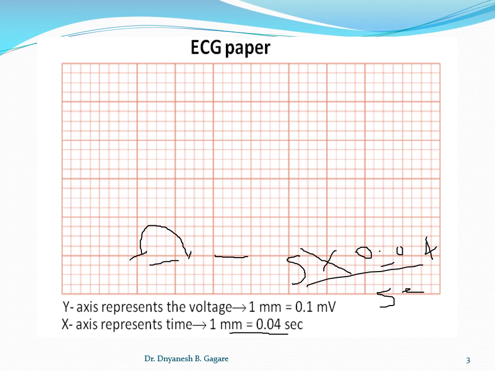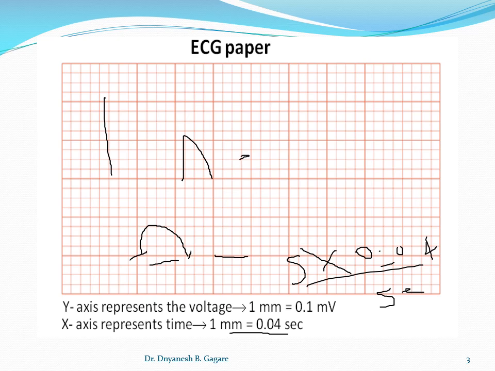On the y-axis, which represents the voltage, 1 millimeter is equal to 0.1 millivolt. Suppose this is a wave. How can you calculate the voltage? Suppose its height is 5 millimeter.